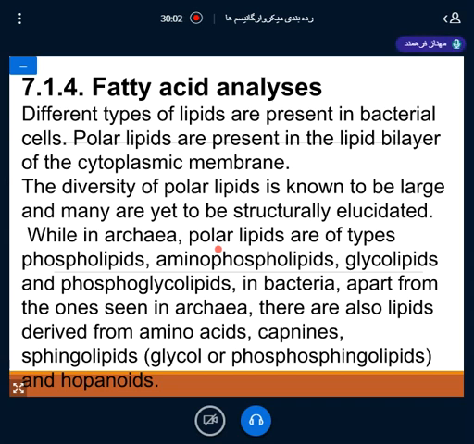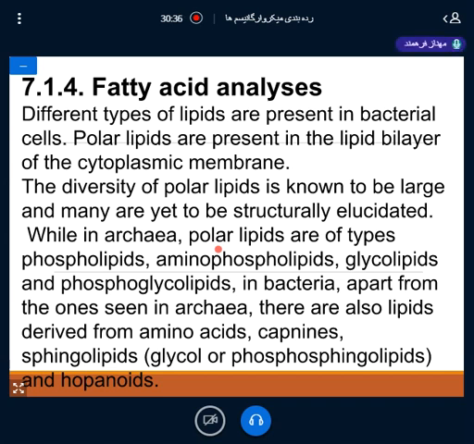Different types of lipids are present in bacterial cells. Polar lipids are present in the lipid bilayer of the cytoplasmic membrane. The diversity of polar lipids is known to be large and many are yet to be structurally elucidated.